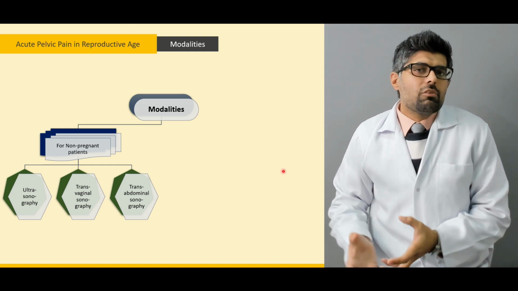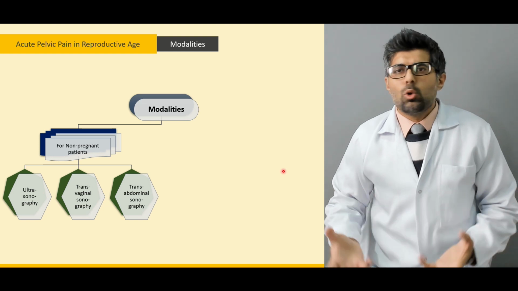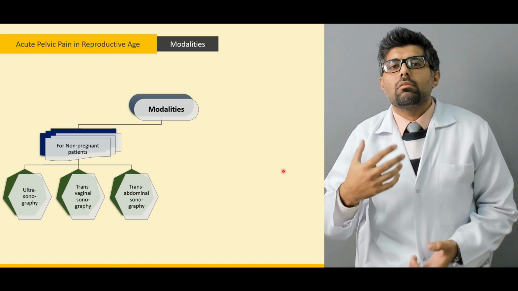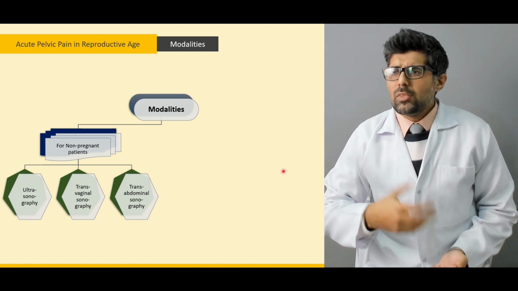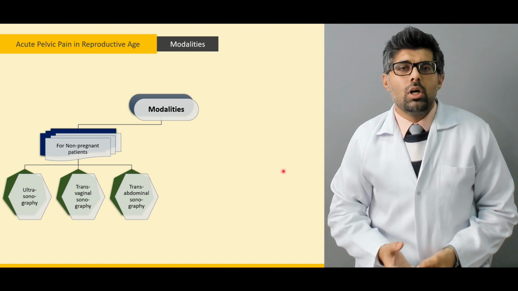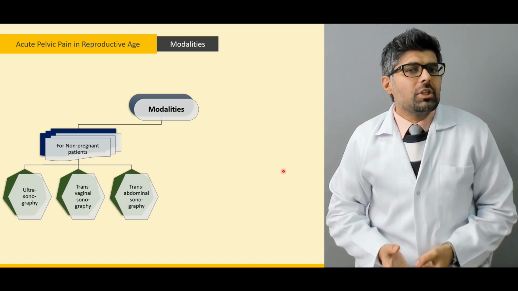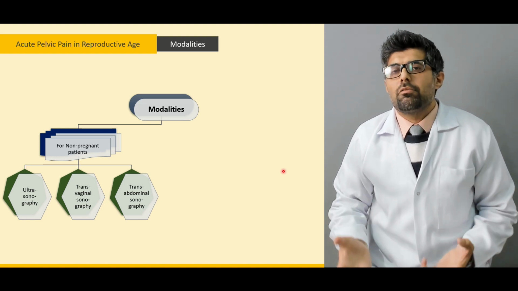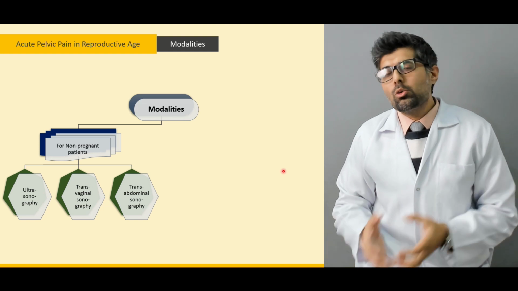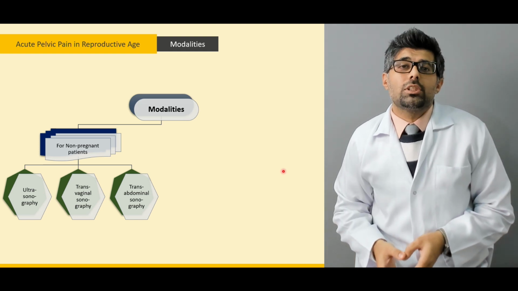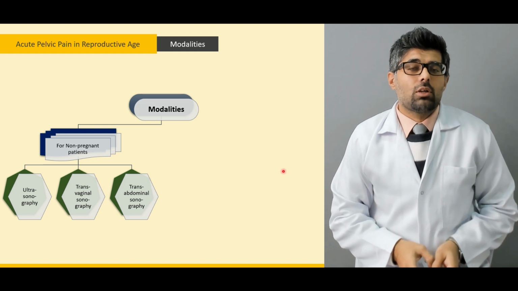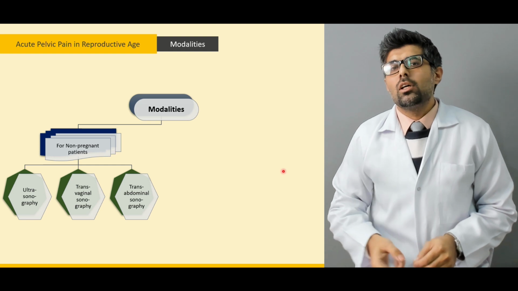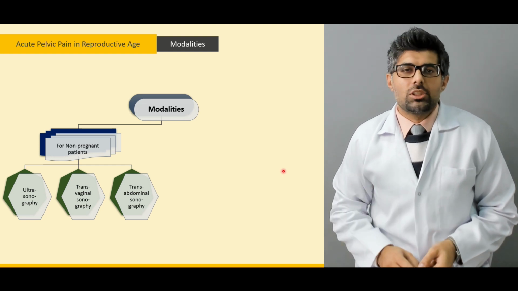Now, let's suppose you have a patient who has lower abdominal pain, which is radiating to the right side and which is accompanied by some kind of gynecological problem. Now, she might be suffering from acute appendicitis or she might have endometriosis. In order to confirm both of these diagnoses, both of these ultrasounds have to be done, because in patients with acute pelvic pain, one ultrasound is not sufficient.